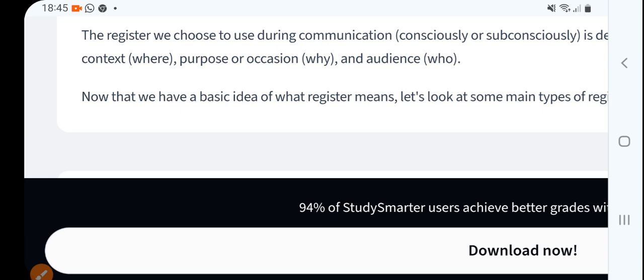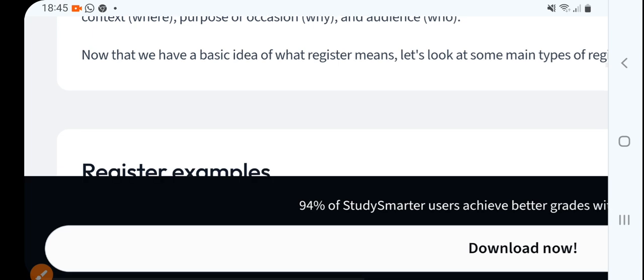So social context is where, purpose is why we are talking this way, and audience is who we are talking to, right?